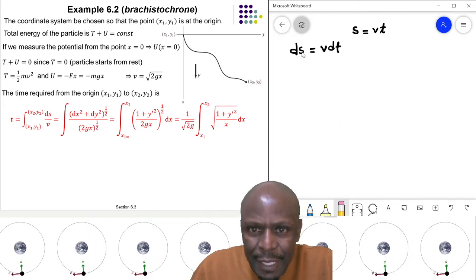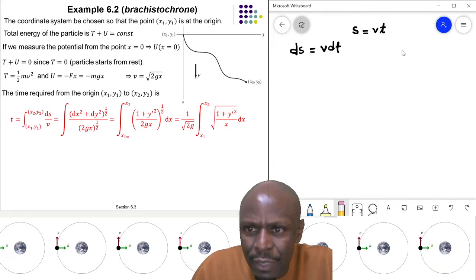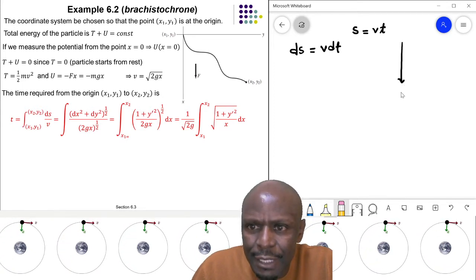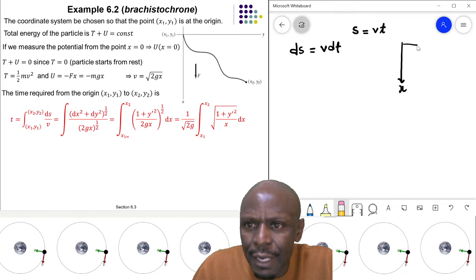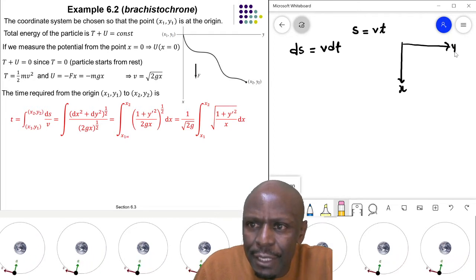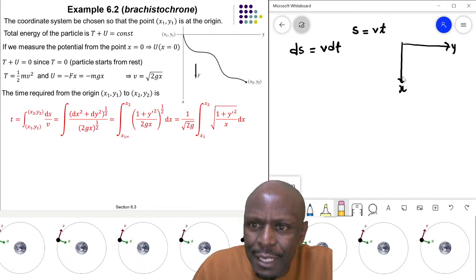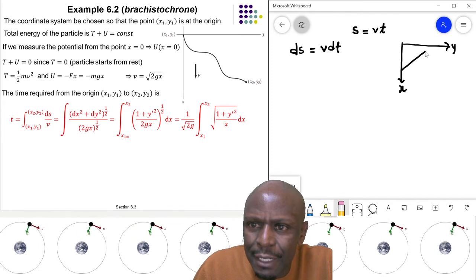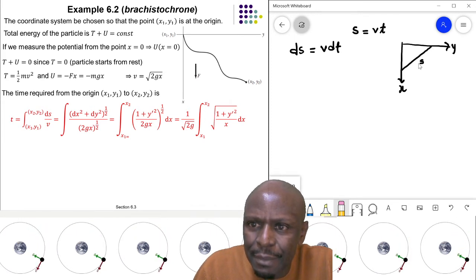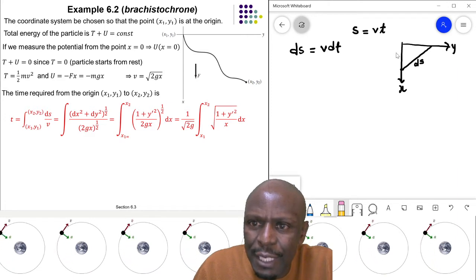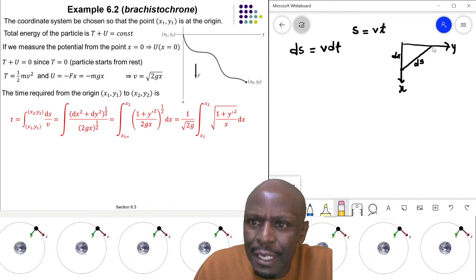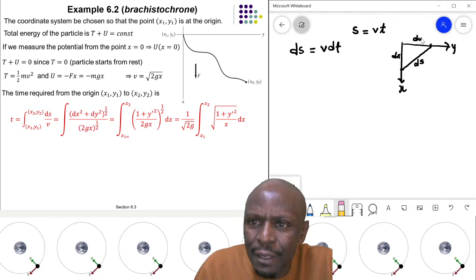Now, how can you get ds if I have my x-axis here and my y-axis here? ds is the small displacement, with components dx and dy.